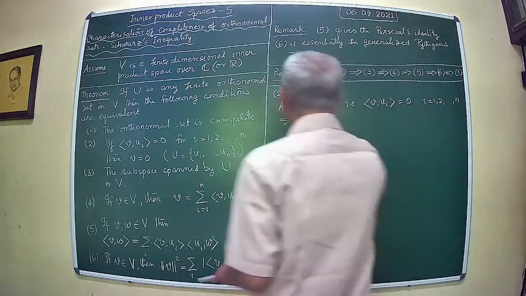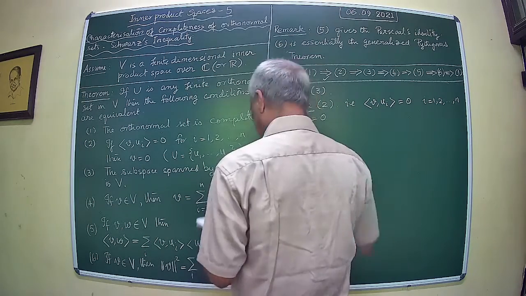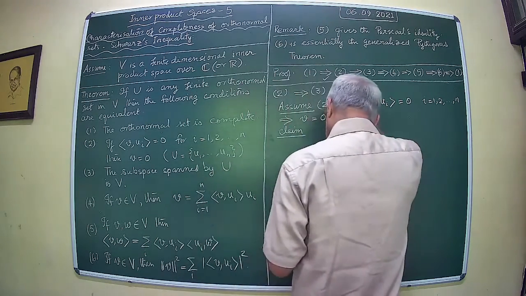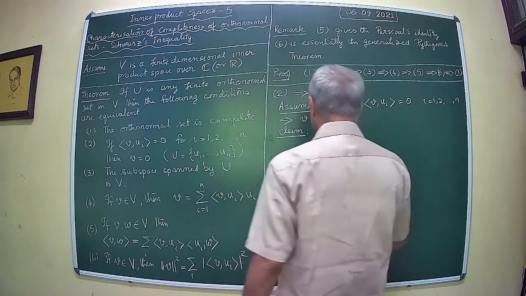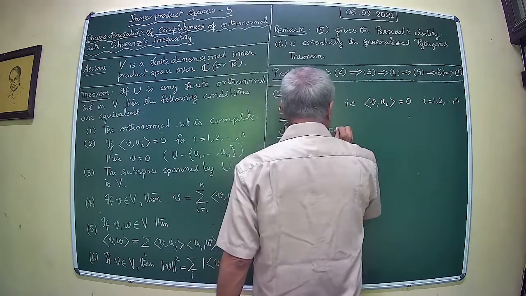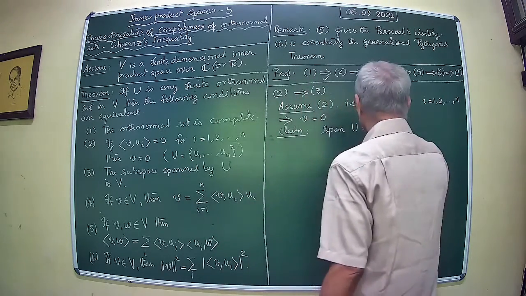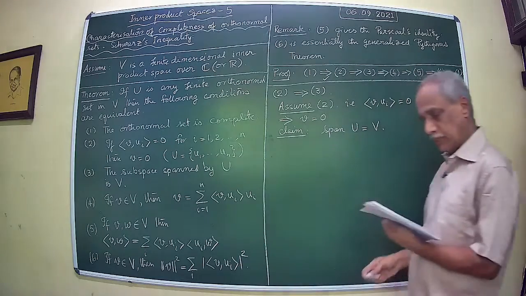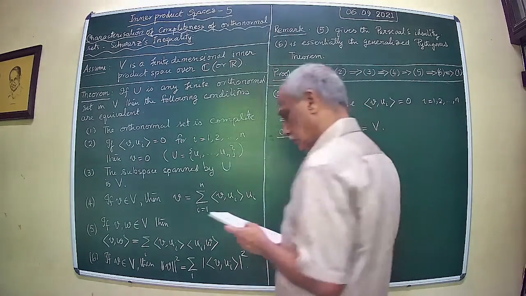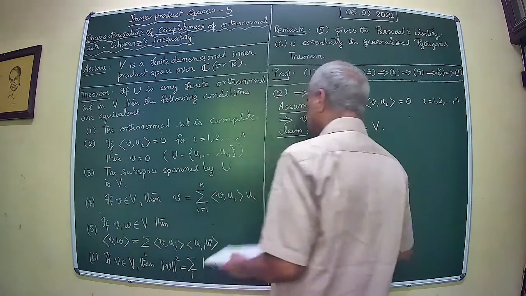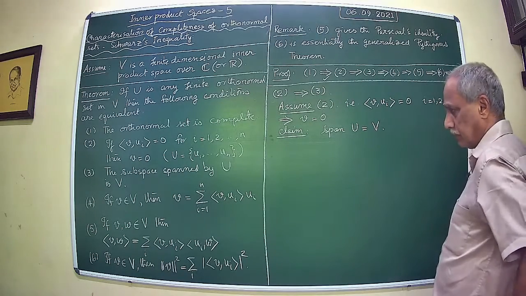Now what we claim is that the span of U is equal to V. Now again we use a method of contradiction.